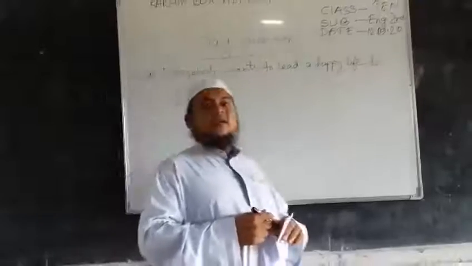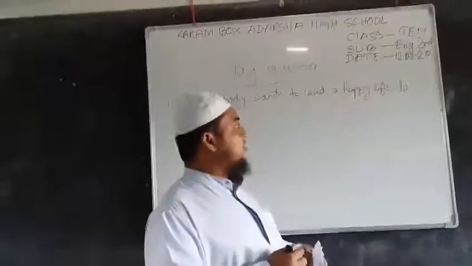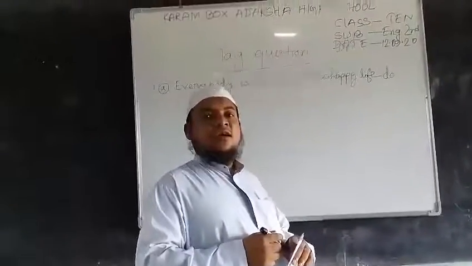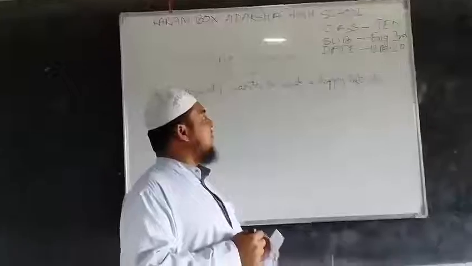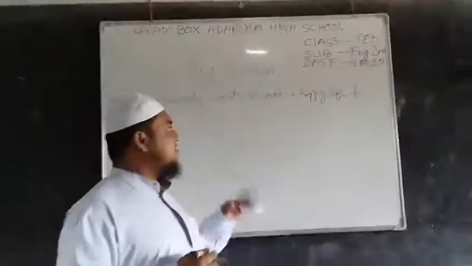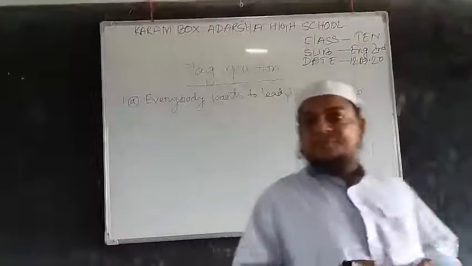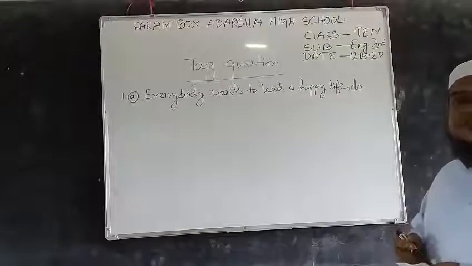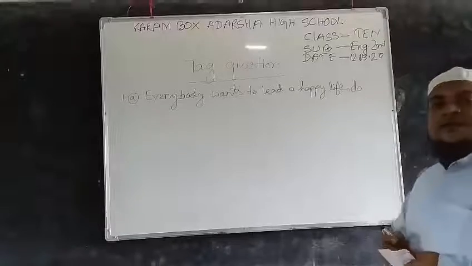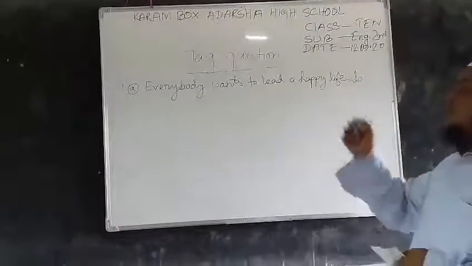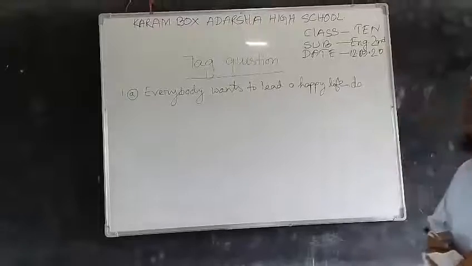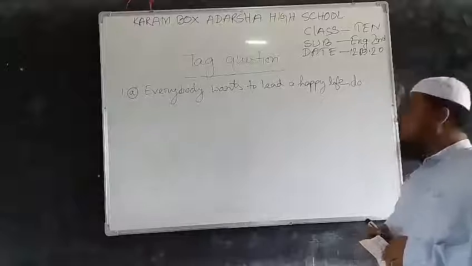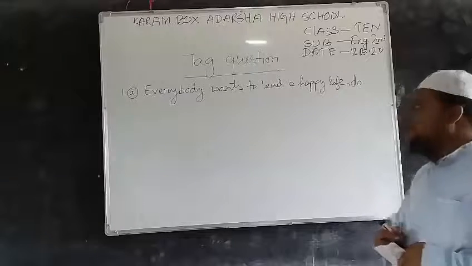You know, the third activity for writing tag question is not setting or not omitting. If the sentence is affirmative, not will be said. On the other hand, if the given sentence is negative, not will not be said, or not will be omitted.